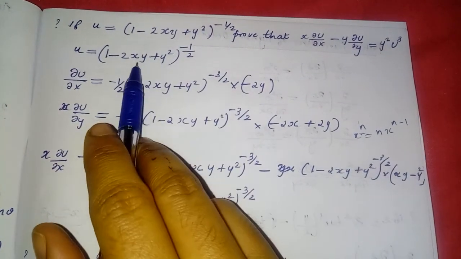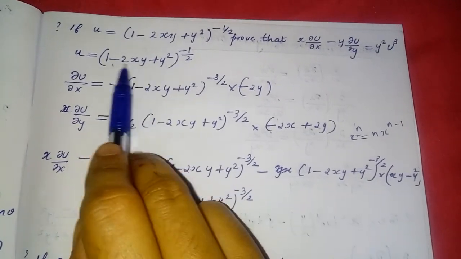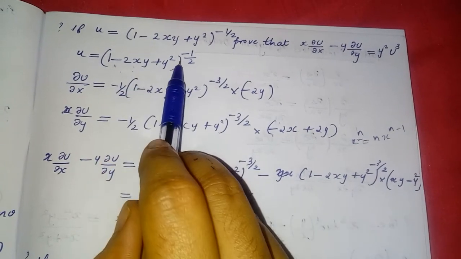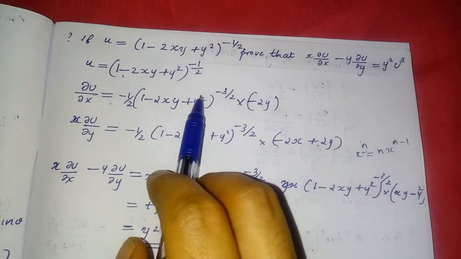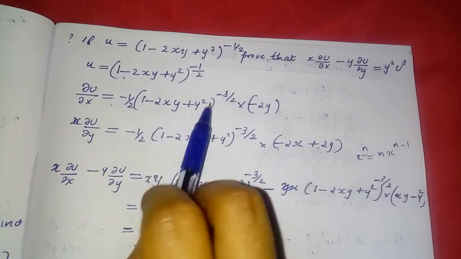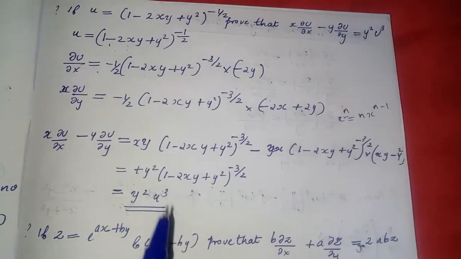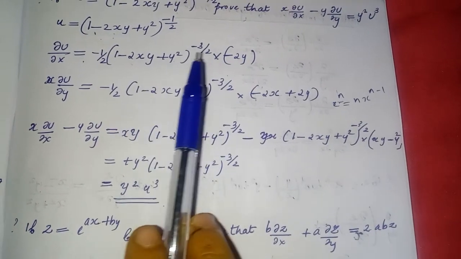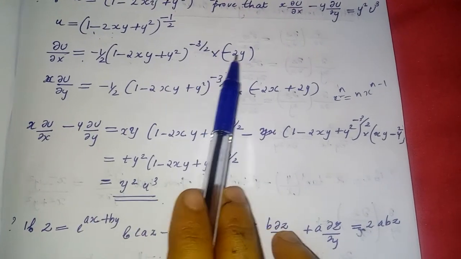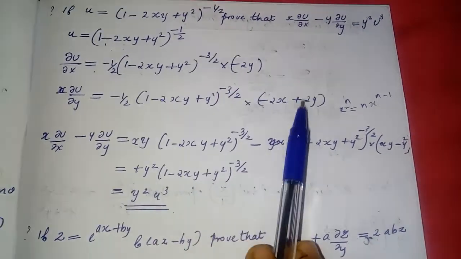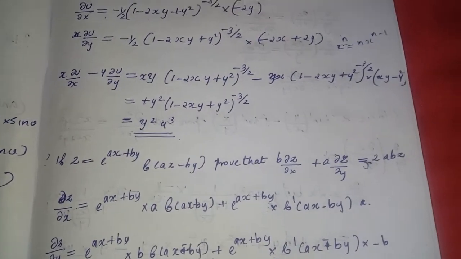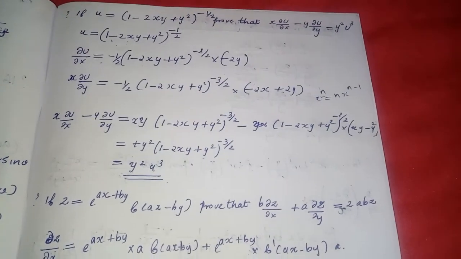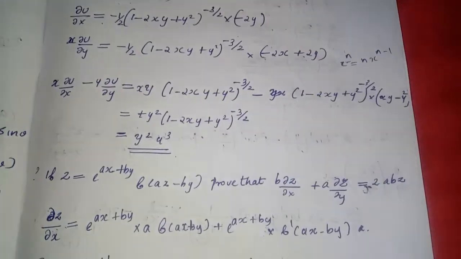Here we use it like this: we can consider the bracket as x, so x power minus half gives minus half times (1 minus 2xy plus y square) all power minus 3 by 2, and the derivative of this. Okay, here also like this. For this we have considered y as constant. Here we have considered x as constant, and we have put the condition and get the answer as y square u cube, as in the question. So we have proved that.